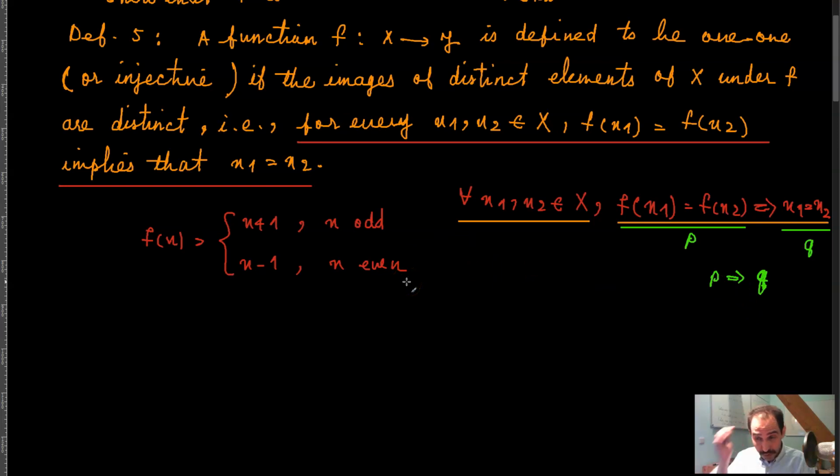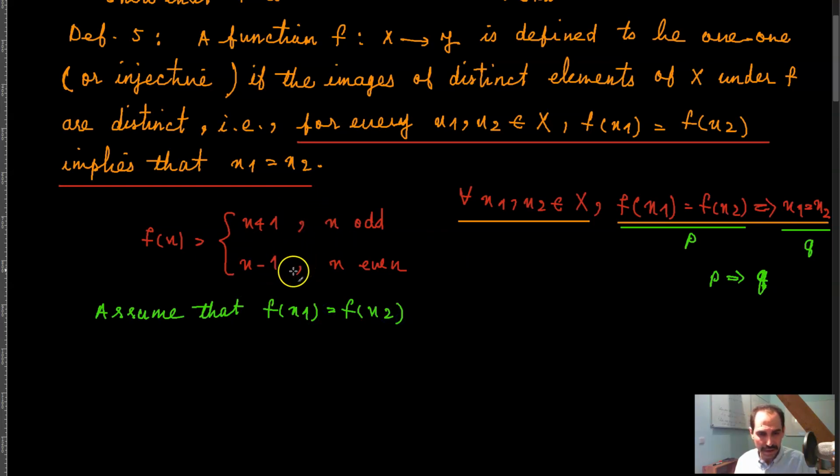So what you want to do here is make this an assumption: assume that f of x1 is equal to f of x2 for this function, right?